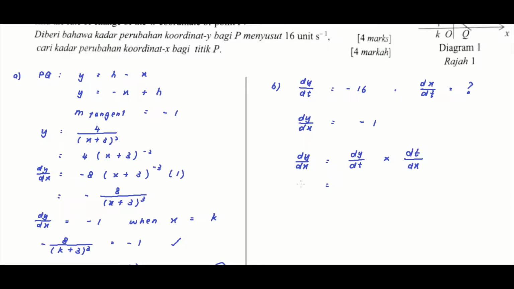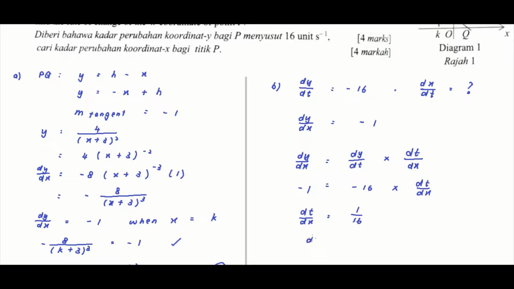Since we know that dy/dx is negative 1, we just substitute. dy/dt is negative 16. So now I have my dt/dx. Don't worry, you will see that we want to find dx/dt, but what happened here is dt/dx. After that, we just do the reciprocal of it. So dt/dx equals negative 1 divided by negative 16, which will give you 1 over 16.